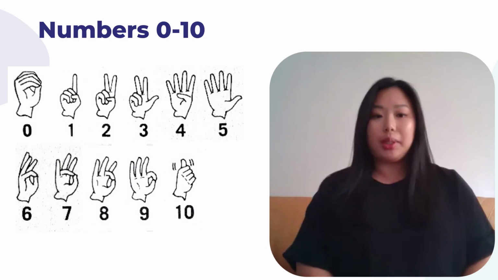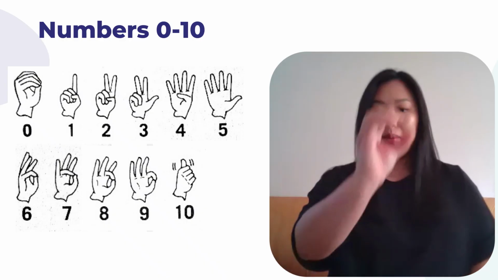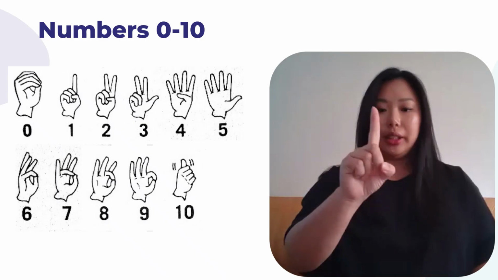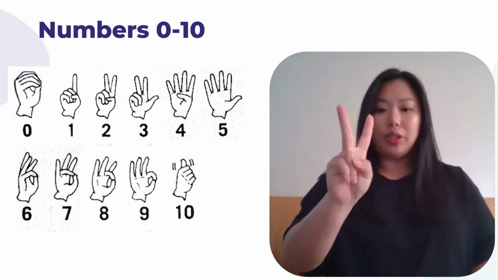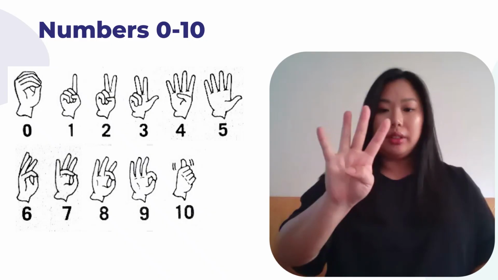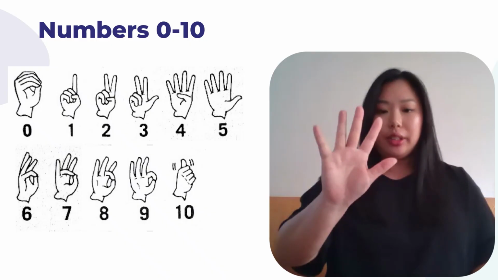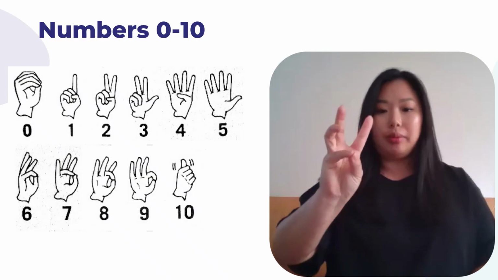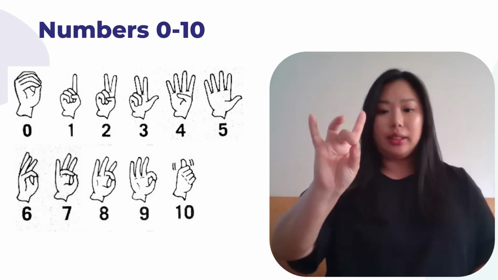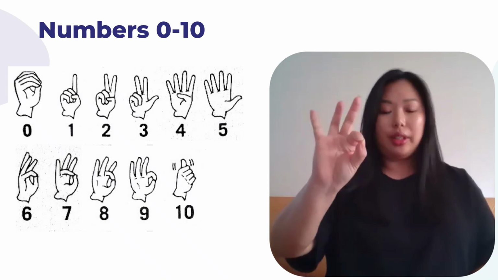Now let's go through some numbers, starting with 0. You make an O with your hand. 0. Then 1, extend your index finger. 2, 3, 4, 5, 6, you're going to touch your little finger to your thumb. 6, 7, your ring finger to your thumb. 8, your middle finger to your thumb. 9, your index finger to your thumb.